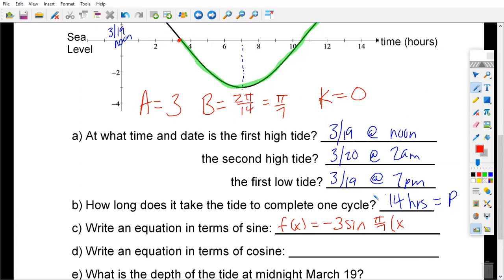Oh, 3.2. Let's just say roughly 3.5, guys. I don't know why y'all want to make it harder than that. Let's just be at a half. So that's our sine. Let's do our cosine. So cosine is what? 3 cosine of pi over 7. And what's the H for cosine? Nothing, 0. So that's it.